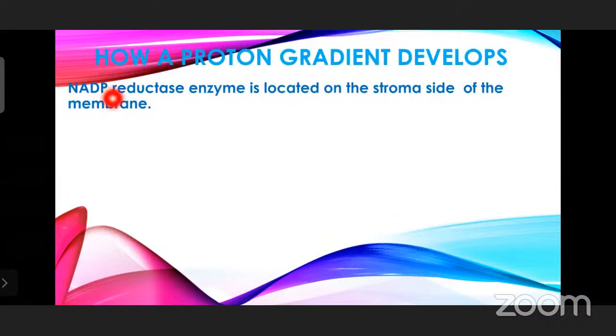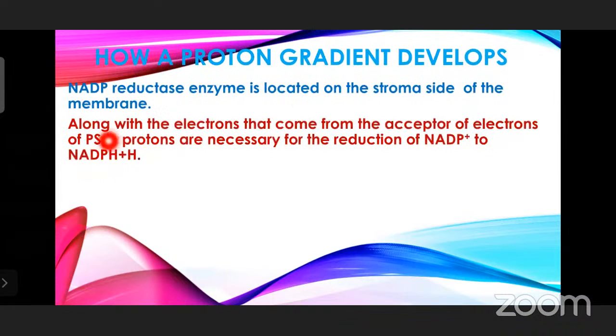We are seeing the NADP reductase enzyme is located on the stroma side of the membrane, and from PS1, photosystem 1, P700, the electron jumps there, is taken by ferredoxin and given to NADP. The protons in the stroma have also increased, and both of these make the NADP get reduced to NADPH2, in the presence of the NADP reductase enzyme.